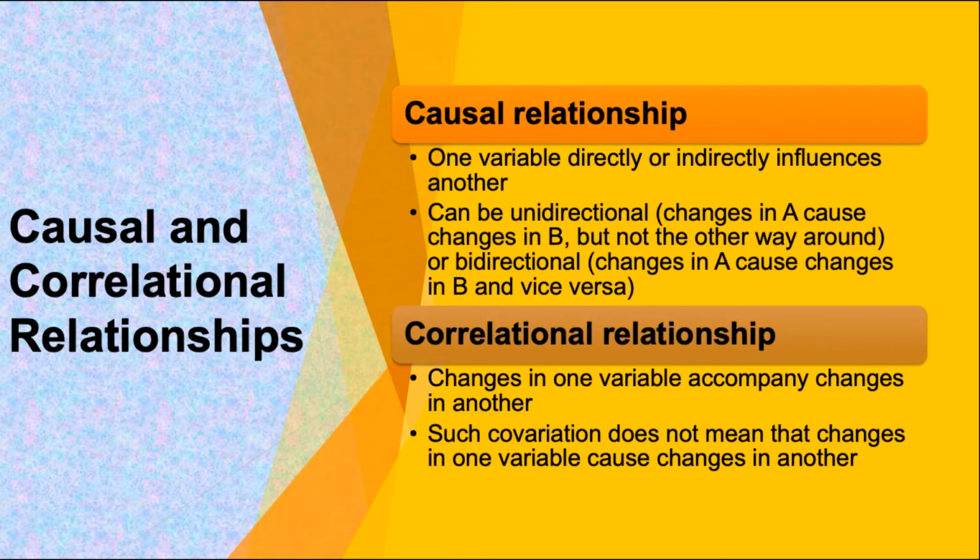However, such covariation does not necessarily mean that either variable exerts a causal influence on the other, although it may. For example, the number of baseball games may increase in the spring, and the number of mosquitoes tends to covary, both increasing in the spring or summer season and decreasing in the fall.